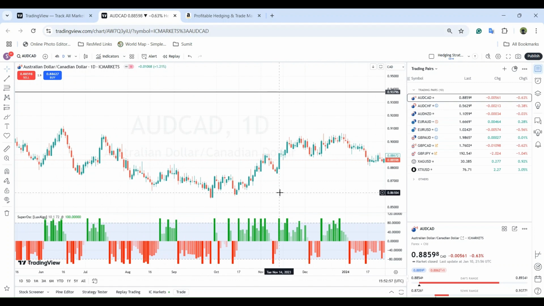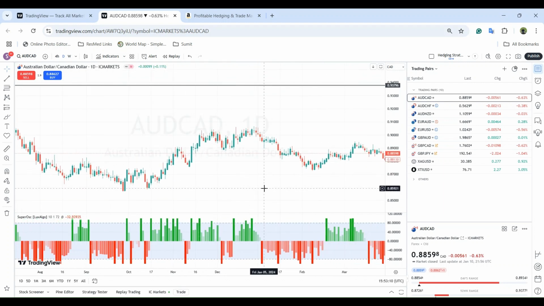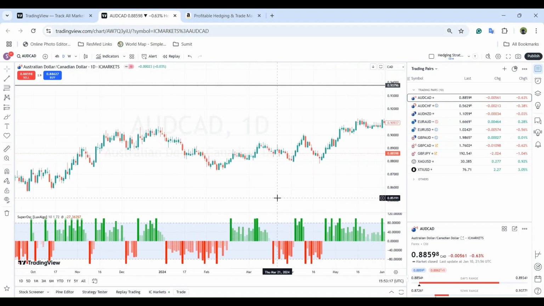Sell, then a buy, it breaks even somewhere there. Sell, and then a 2x buy takes us out of the mess. That will be an overall profit. That would be an overall profit.